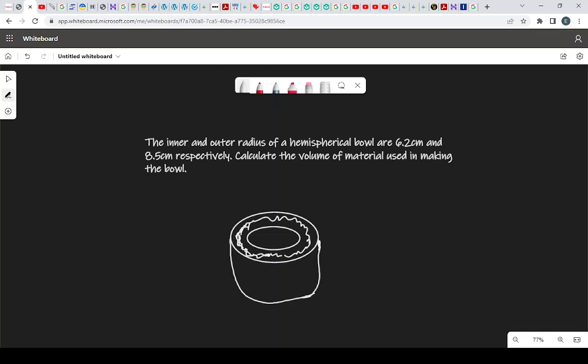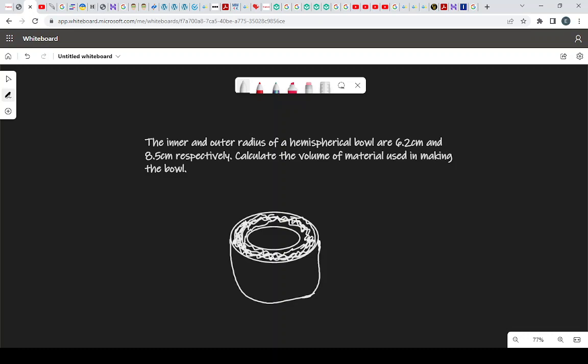This place I'm trying to shade here is the material that makes up the bowl, something like a plate or a cup. Of course, we know that there is usually an empty or hollow part of it inside. Then outside, this place I'm shading is the material that makes up that bowl.